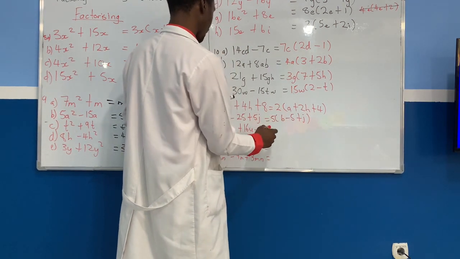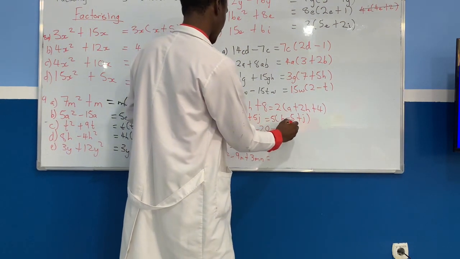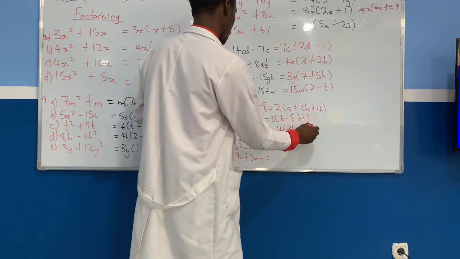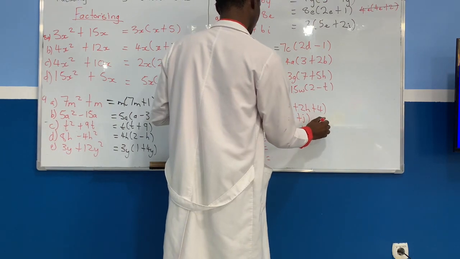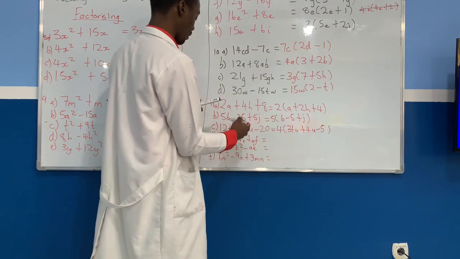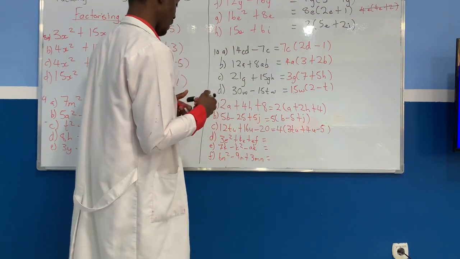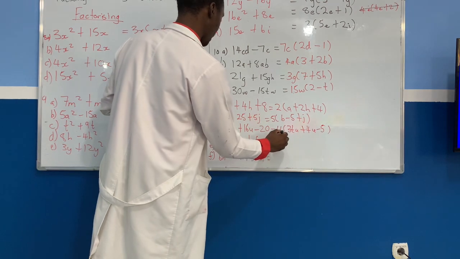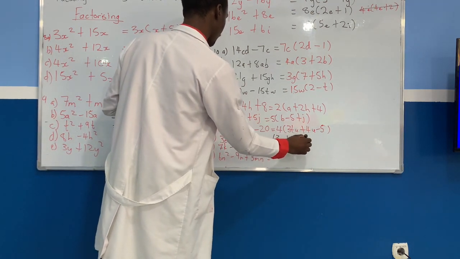Third one, the common factor was 4, bracket 3tu plus 4u minus 5. This one, D, the common factor was e, bracket 3e plus 4 plus f.